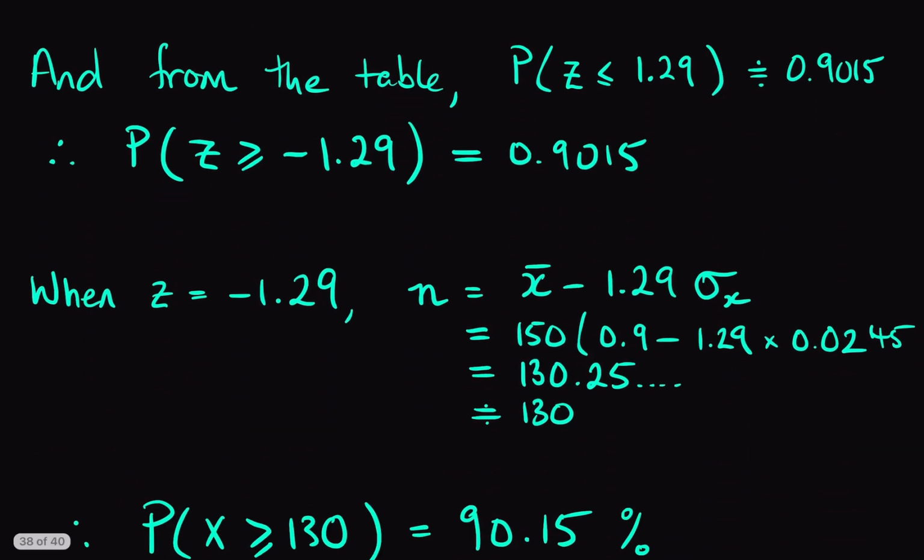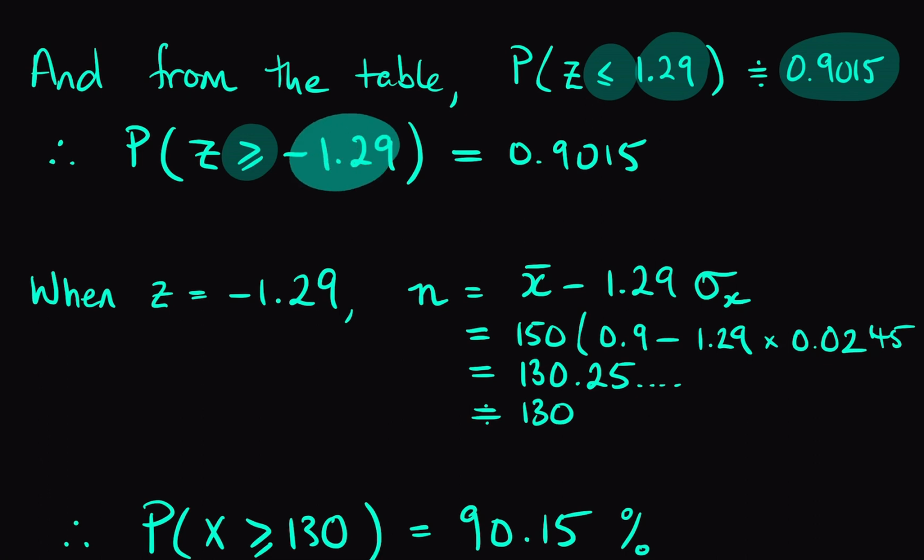So from the table, the probability that Z is less than or equal to 1.29 is approximately the value we were requiring. So therefore, if I change the direction of the sign and I change the sign on the Z-score, the probabilities are going to be equivalent. So that's also going to be 0.9015.